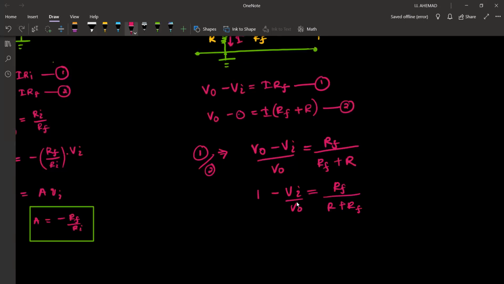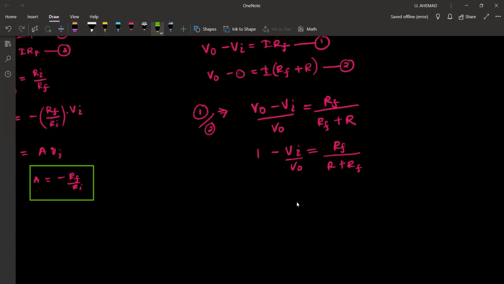Now my aim is to somehow subject V0. For that, I will just shift the sides. I'll bring this to the right and this to the left. So we have Vi over V0 is equal to 1 minus Rf over R plus Rf. Just simplify. When you simplify, you get R over R plus Rf. Am I right?